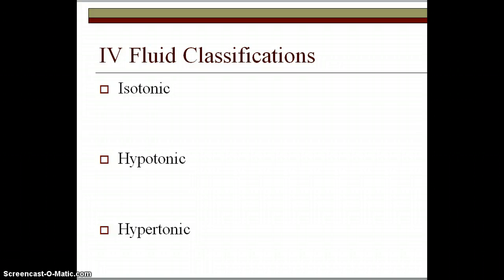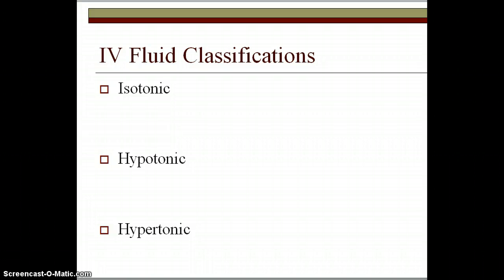They raise the osmotic pressure, and the fluid will shift from the cell into the extracellular compartment in an attempt to decrease the higher osmotic pressure. Our hypertonic fluids tend to have dextrose in them. D5 half normal saline, 5% dextrose in normal saline, 3% saline and 10% dextrose are hypertonic.